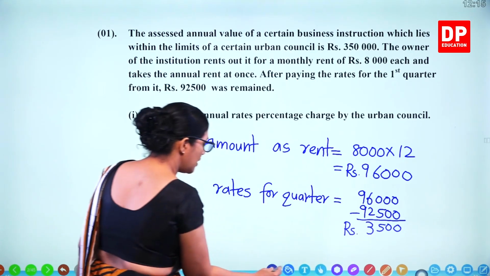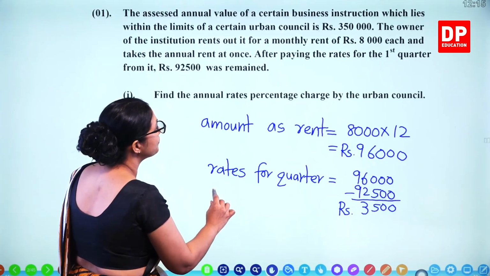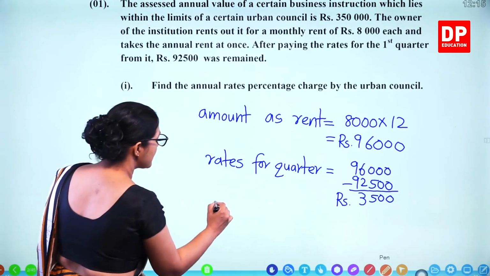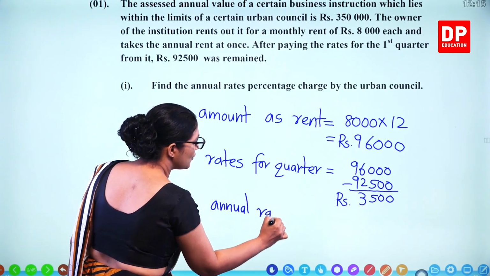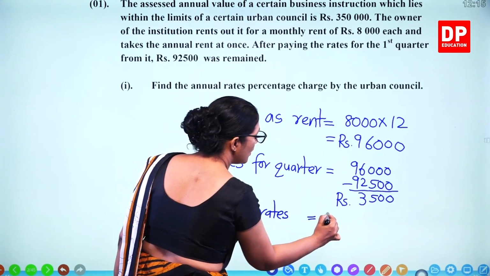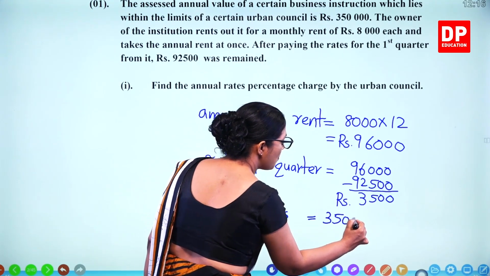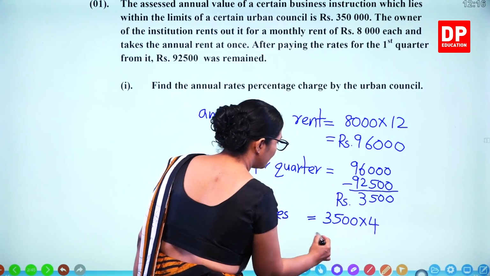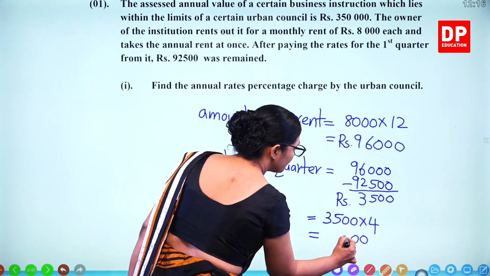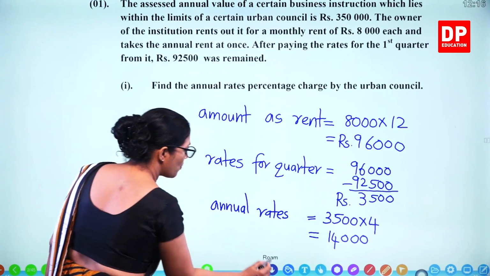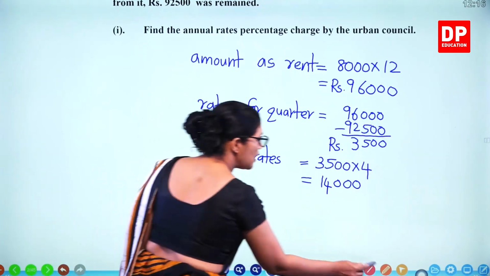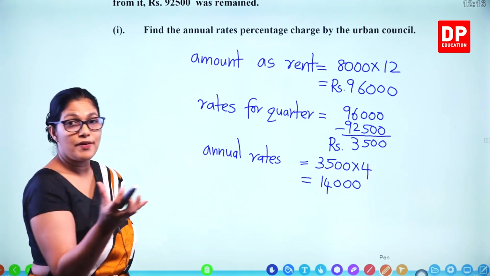That's for a quarter. So what's the annual rates? You have to multiply by 4. 3,500 multiplied by 4 is 14,000 rupees. So 14,000 is the annual rates.